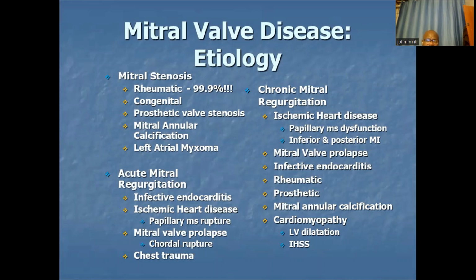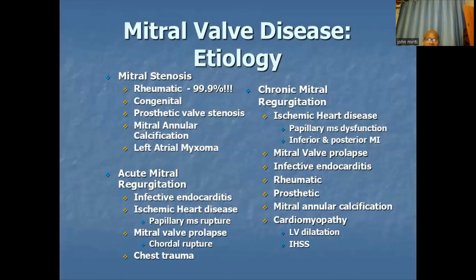Another is acute mitral regurgitation, which is associated with infective endocarditis, ischemic heart disease with papillary muscle rupture, or mitral valve prolapse, where the most common cause is chordal rupture. Another cause of acute mitral regurgitation is chest trauma.